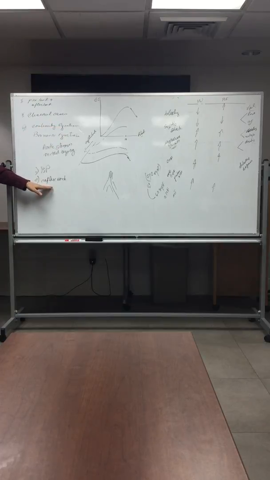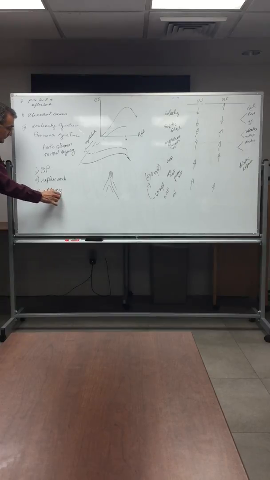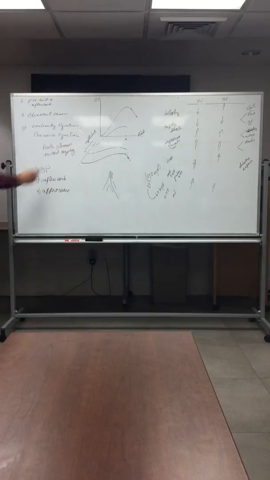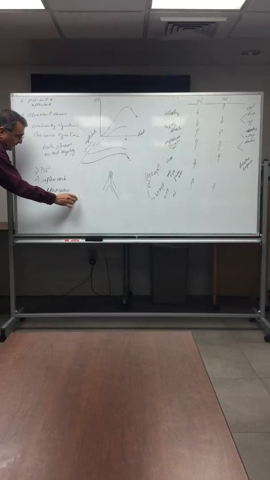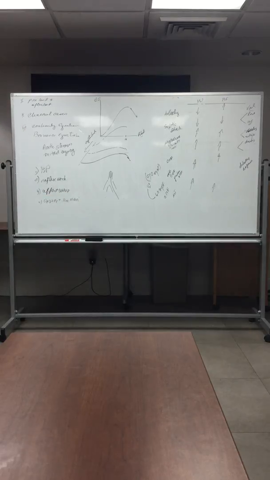That's a reflex mechanism. Number three, you see how this mechanism and this blood pressure affect this particular curve. And then you correct the main problem first, always paying attention to the blood pressure.